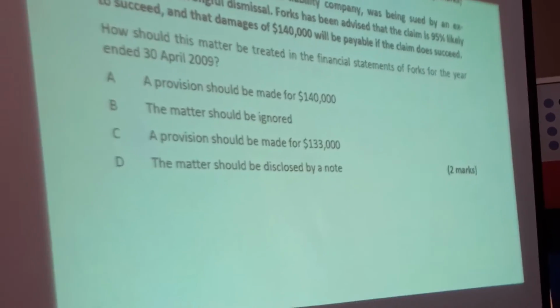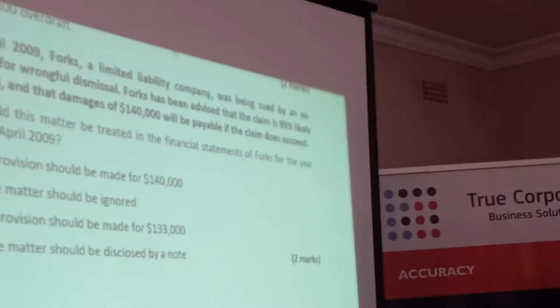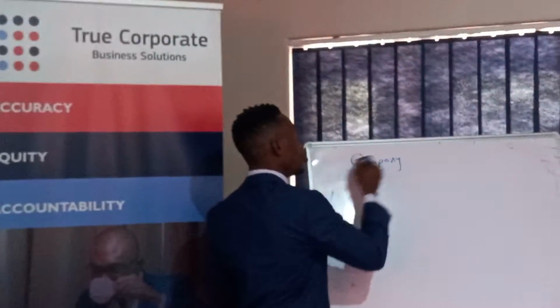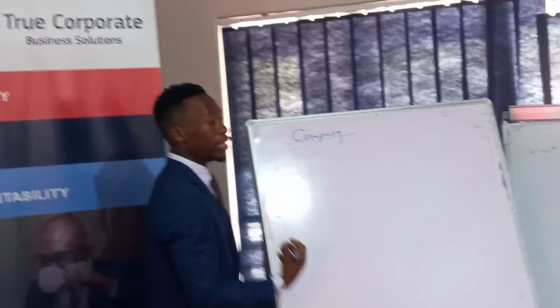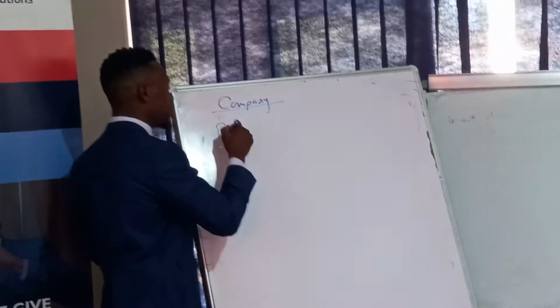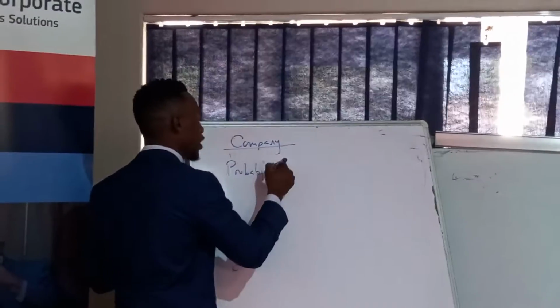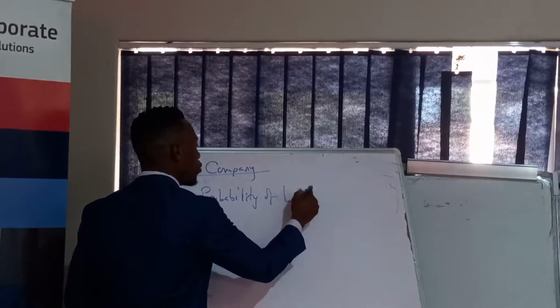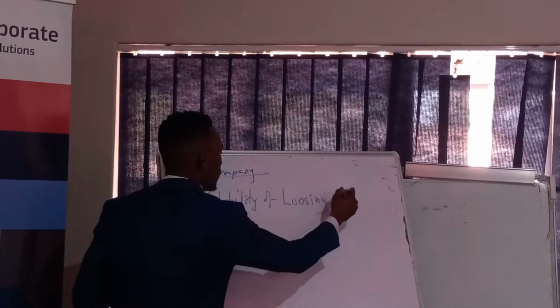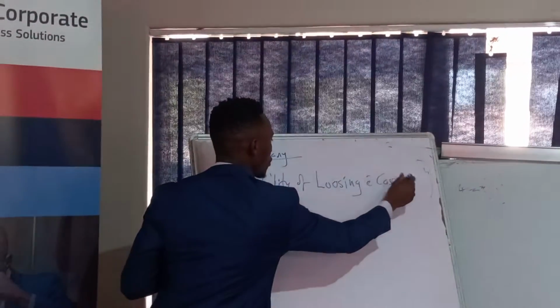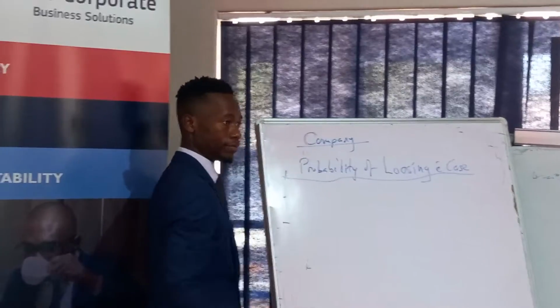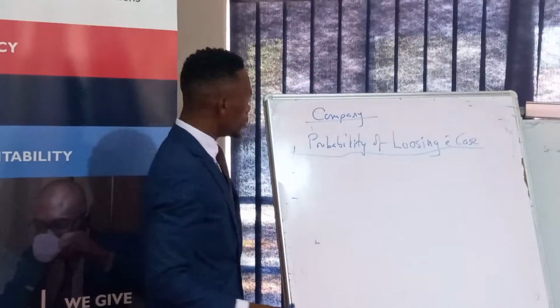Remember what we said. Number 1, you are the company. So you look at the company side. And on this topic, we will be measuring the probability of losing the case. You understand?